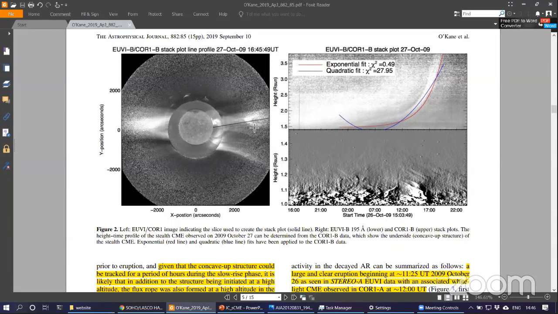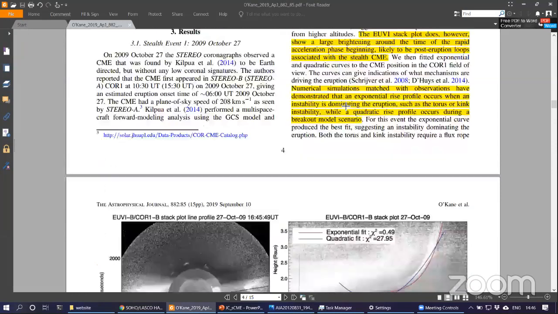The top panel is the outer corona, seen by COR2, and the inner one is represented in the bottom panel, all along this particular black line shown in the first figure. We'll talk about this in a few minutes.